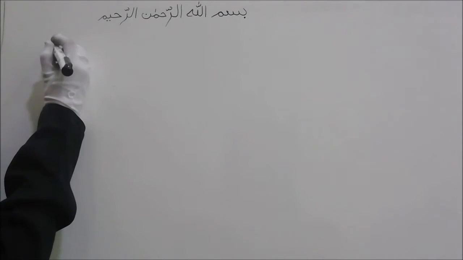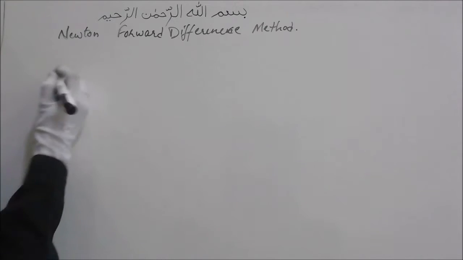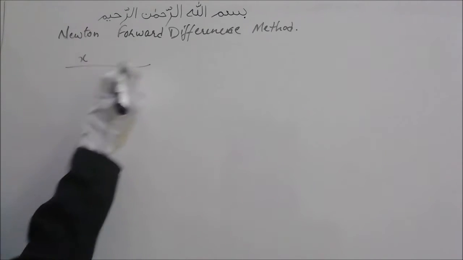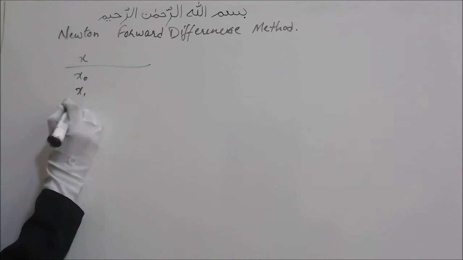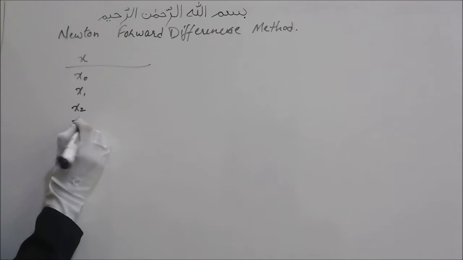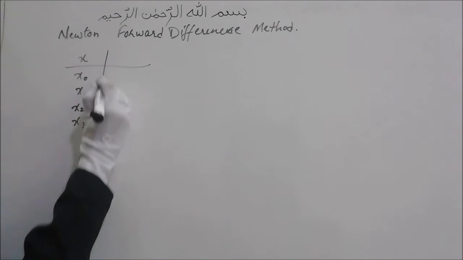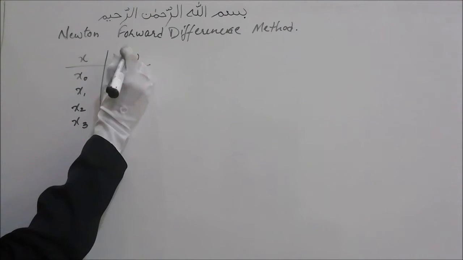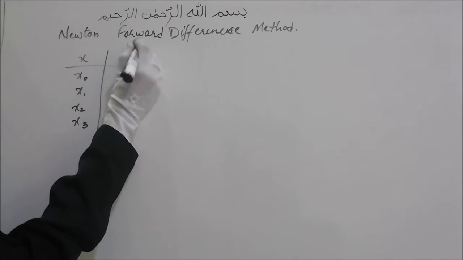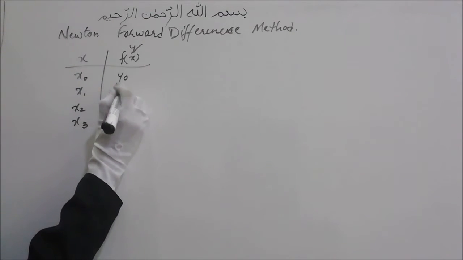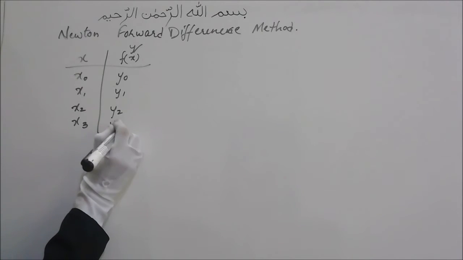So for the Newton forward difference method, let's consider we have some values of x which are x0, x1, x2. Let's say we have only up to x3 values. And we have also been given the values of y, or we can say f of x, which are y0, y1, y2 and y3.